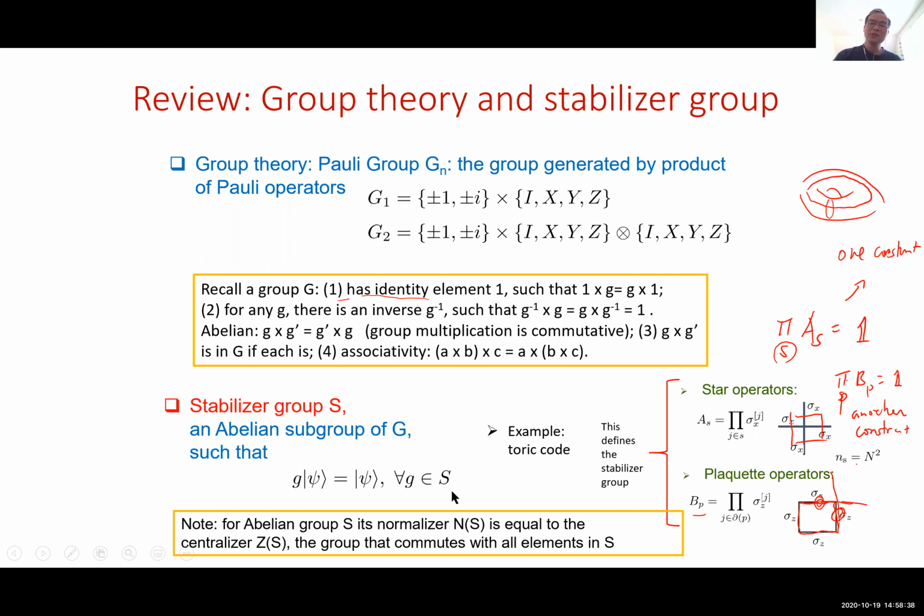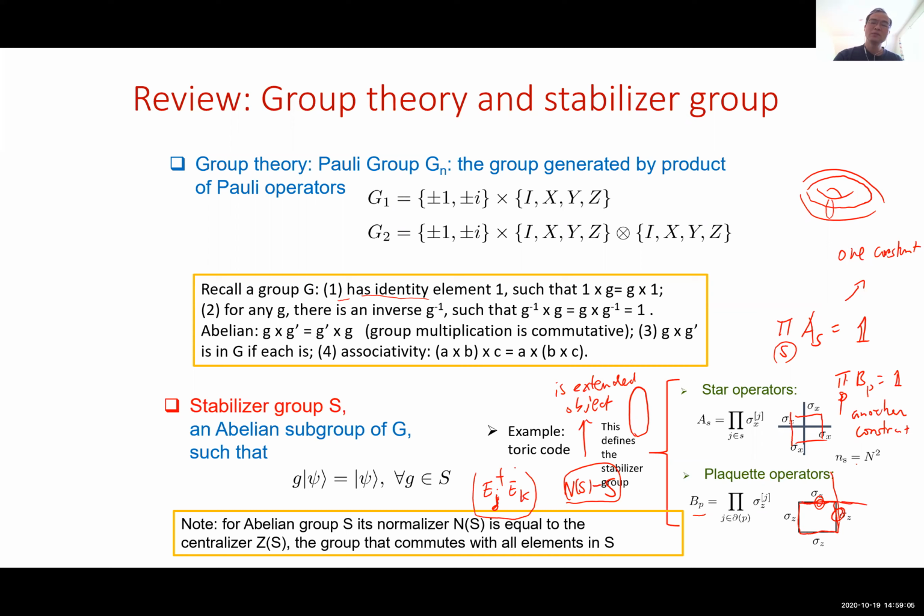So this means that in terms of the error correction condition, the normalizer minus the stabilizer itself is an extended object, meaning that it has to form a big loop.